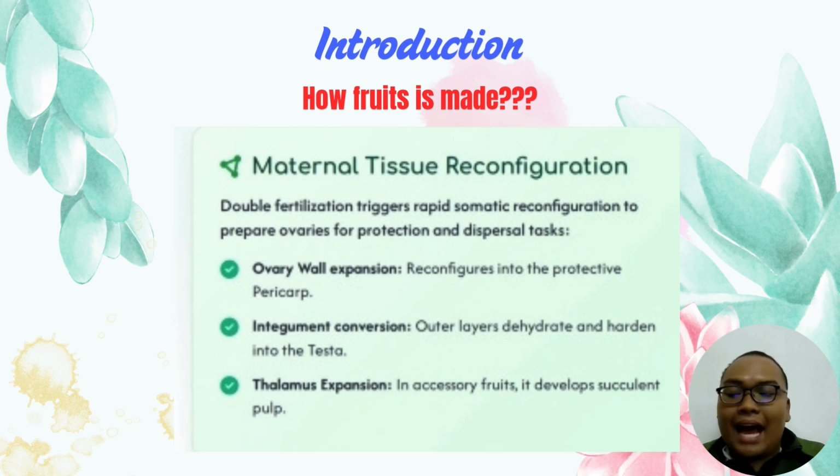So, in other words, the ovary will become a fruit, and the ovules will become seeds. The main function of fruits is to protect the seeds and help in their dispersal, meaning spreading them to new places so new plants can grow and ensure their lineage.